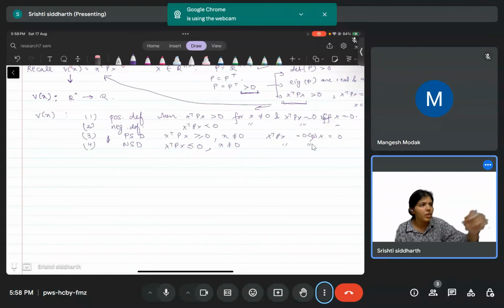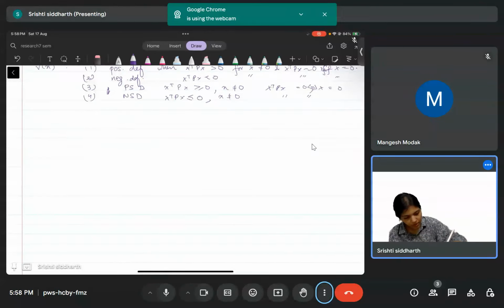Alright. Now let's see some examples. First, given a function V of x, which is x1 squared plus x2 squared. So this is positive definite, right?